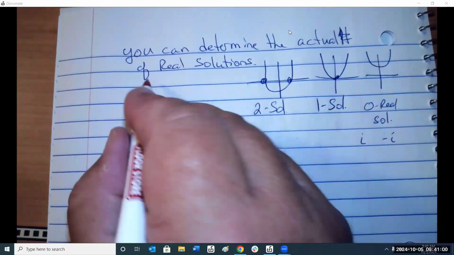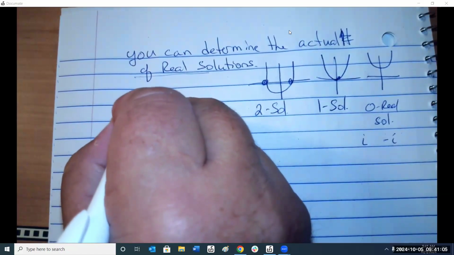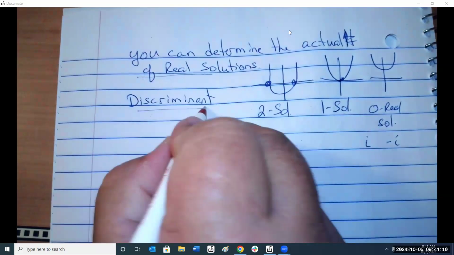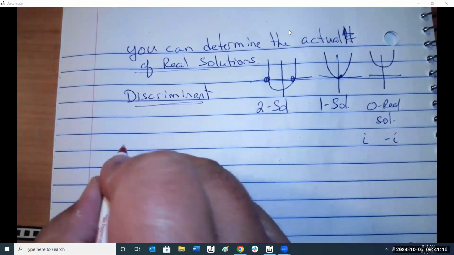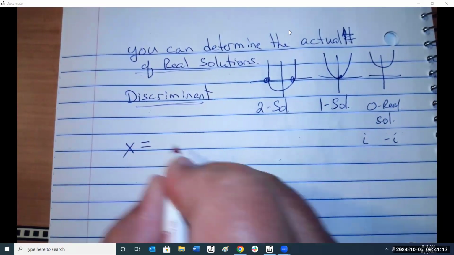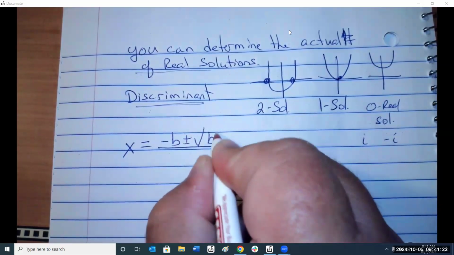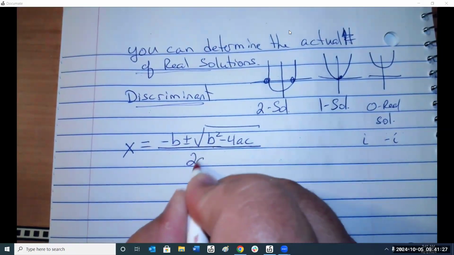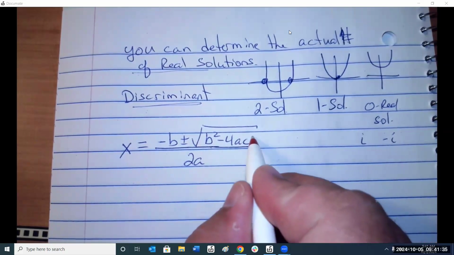Let's see, the way we do this is by using the discriminant. The discriminant, remember in the quadratic formula, the only thing inside this equation that tells us how many solutions we're going to have is this right here.